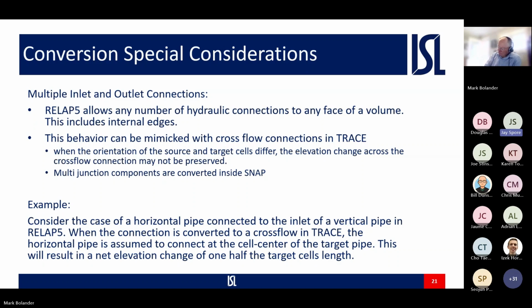And if you say 90 degrees, then it's connected to the center of the fluid cell. And as you orient that side junction around, TRACE is calculating what it thinks the flow path is from the cell center to that side junction. And when it's at 90 degrees, as you pointed out earlier, then you have a different flow path for that side junction than if you had it at 180 or at 0. So that has, as you noted, an impact on the elevation change.